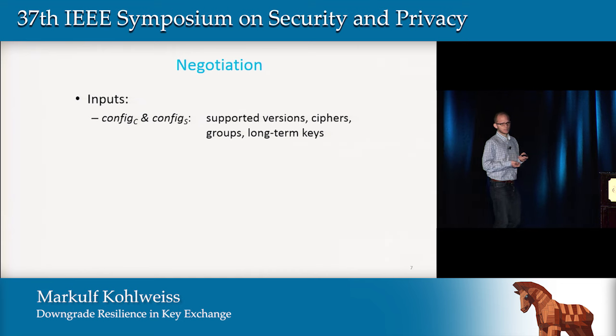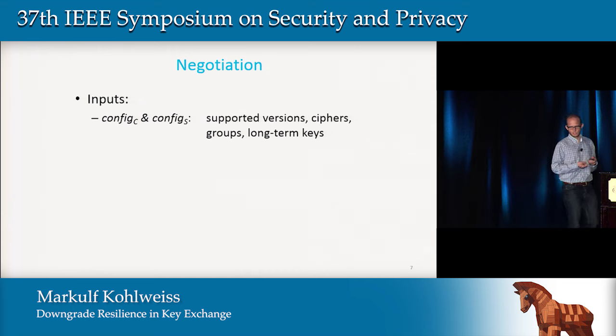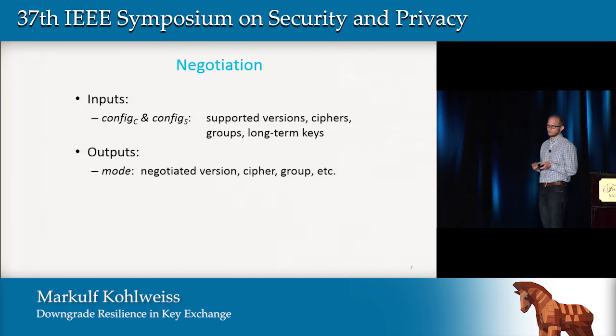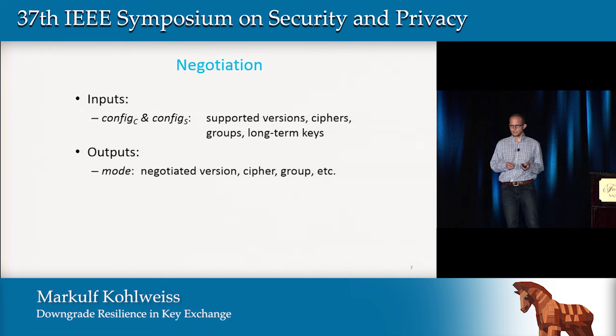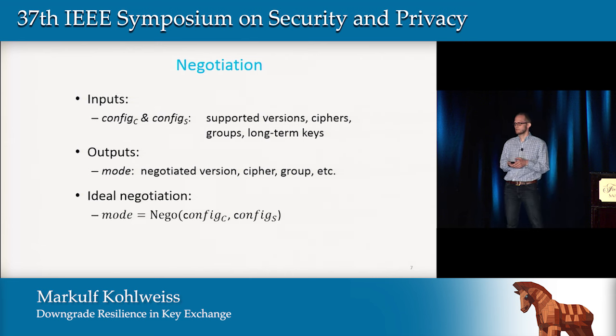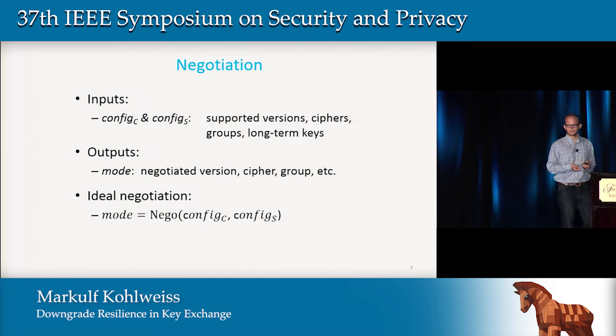Then there is a multi-round negotiation in which parties send messages to each other, and the outcome of that is a mode, which contains the negotiated version and cipher suite. We modeled the ideal outcome of negotiation using a preference function nego that maps two configurations to the mode that parties would like to get. Typically, this is what they would get if there is no active attacker present.